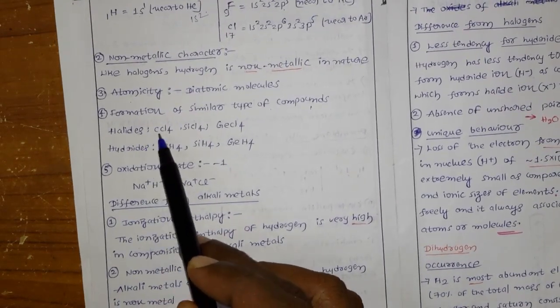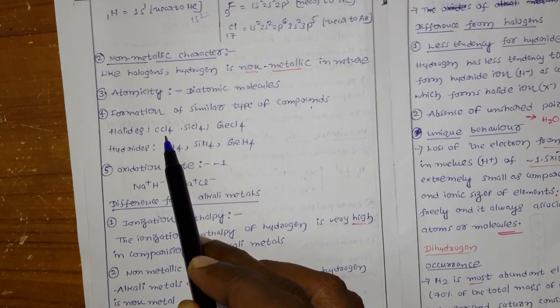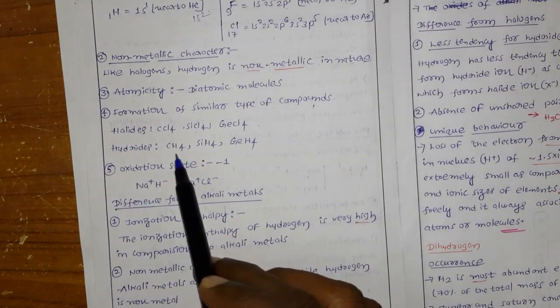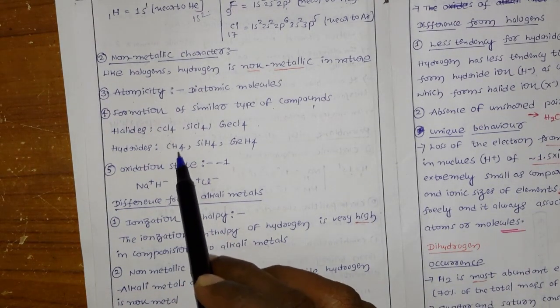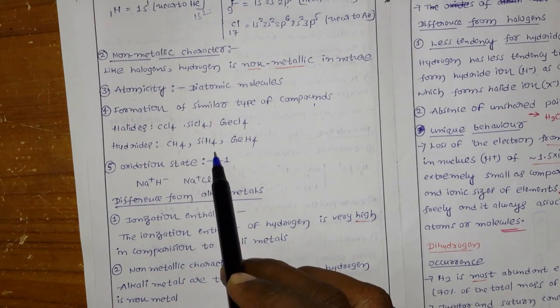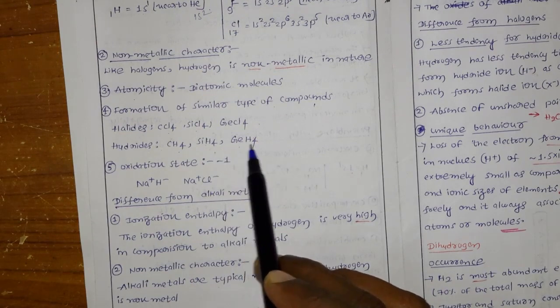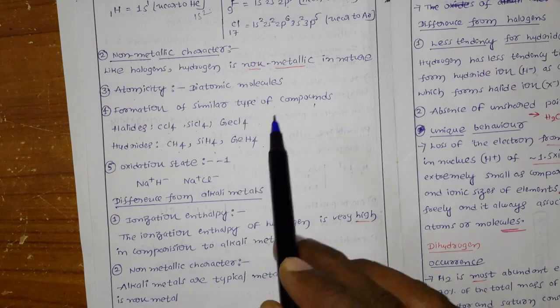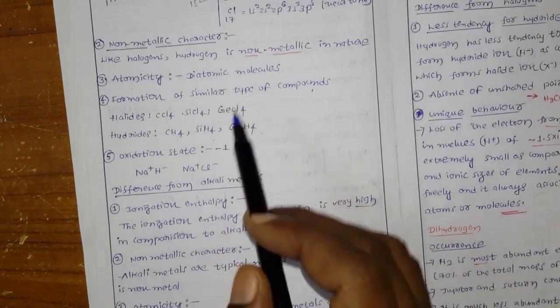Generally halides form compounds such as CCl4, silicon tetrachloride, germanium tetrachloride. Very similar to that, hydrogen also forms CH4, methane, SiH4, silane, and GeH4, germane. So like this, it also forms very similar kinds of compounds as the halogens.